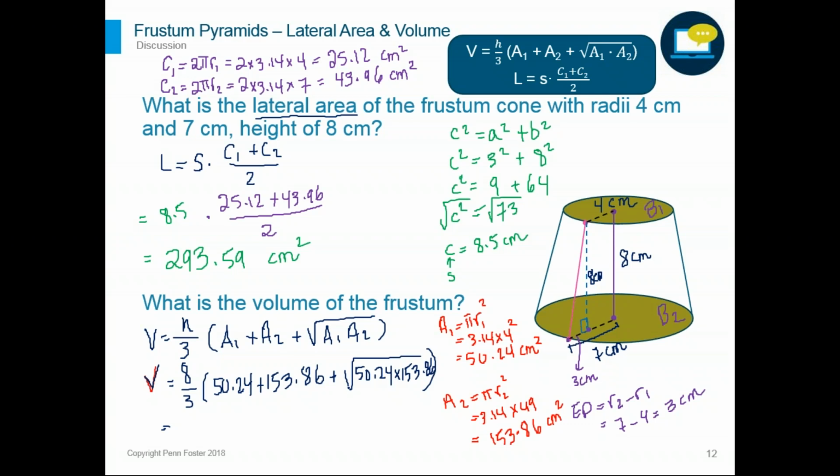So we're gonna multiply the values under the square root first. So we're gonna punch in 50.24 times 153.86 equals, take the square root of the product and then plus 153.86 equals, plus 50.24 equals, and then times 8 equals, divide over 3 and equals.